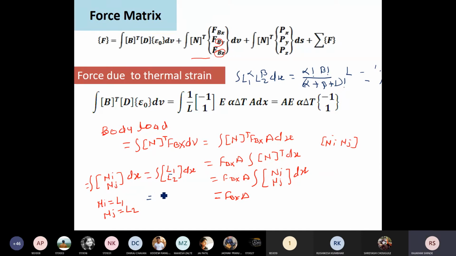Alpha is 1, so for the first term I will write here: 1 factorial, 0 factorial divided by 1 plus 0 plus 1 factorial into L.